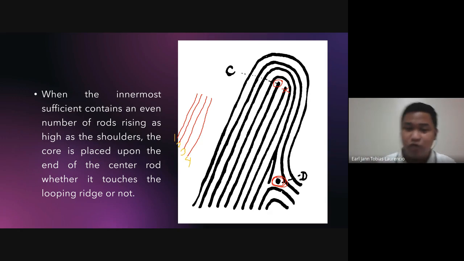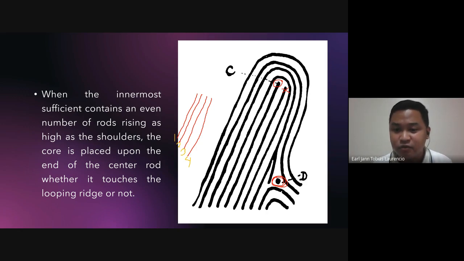Well, if you are going to ask me, if we apply this rule, the core is rod number 2. Okay? Rod number 2 and rod number 3 are the innermost rods. Am I correct? They are the innermost rods. However, rod number 3 is near the delta.